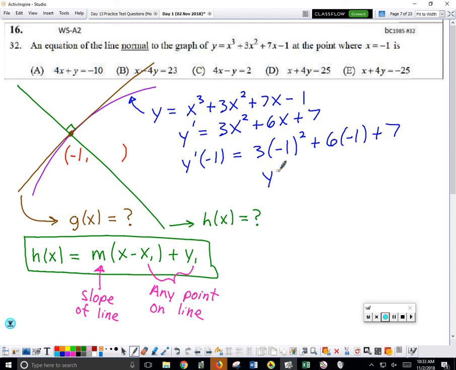So y prime, if you want extra credit, you must have this kind of notation where you can show me what you're finding. You're finding y prime's value at x equal -1. That's equal to 3 minus 6 plus 7. So y prime of -1 is equal to 4.